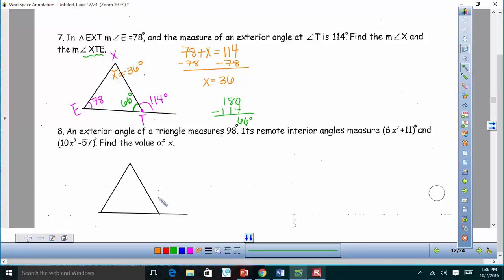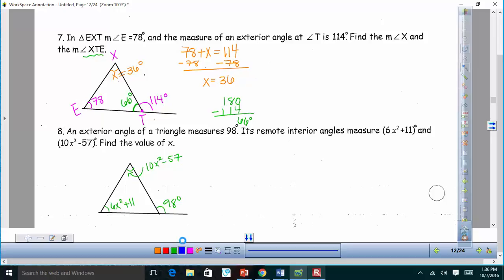It tells me it is 98, so this is going to be 98 degrees. Its remote interior angles are 6x squared plus 11 and 10x squared minus 57. So one of them, it doesn't matter which one, I'm going to make 6x squared plus 11. The other one, I'm going to make 10x squared minus 57.